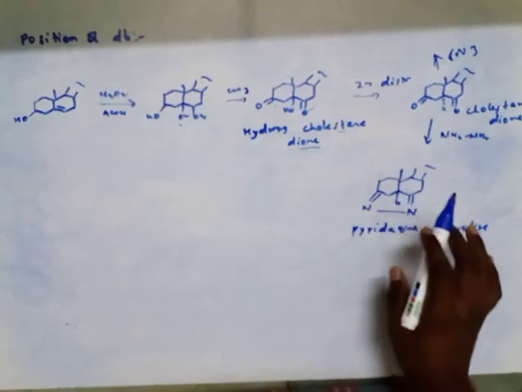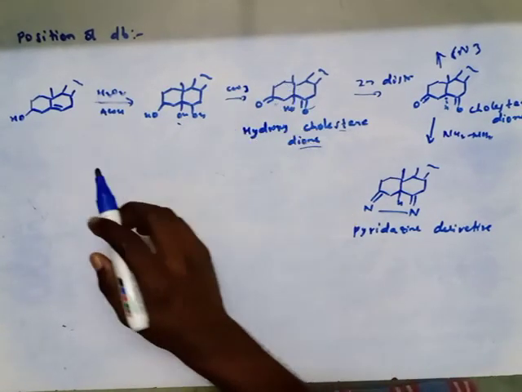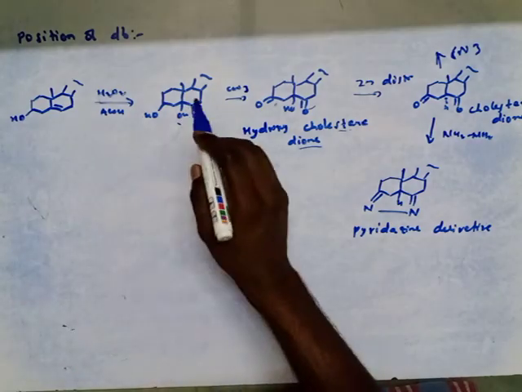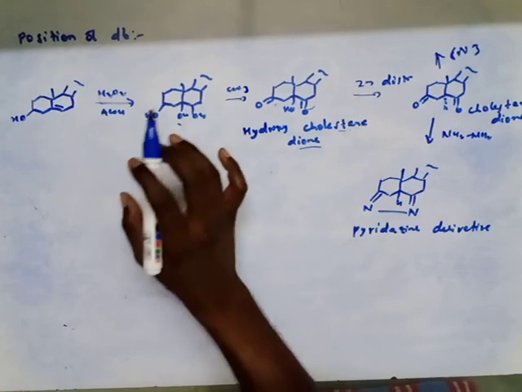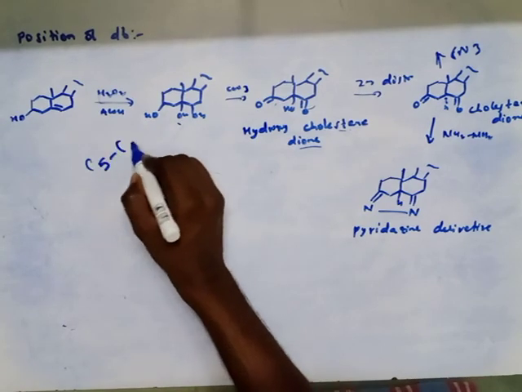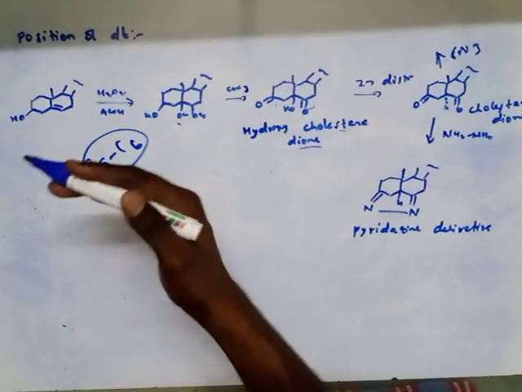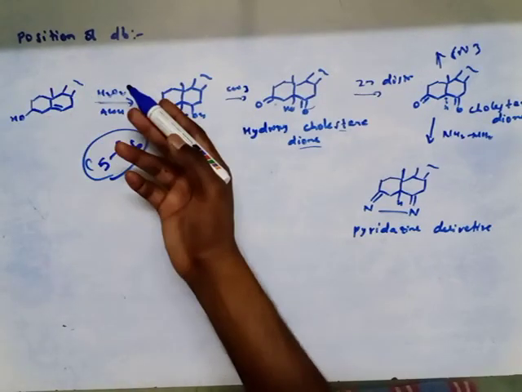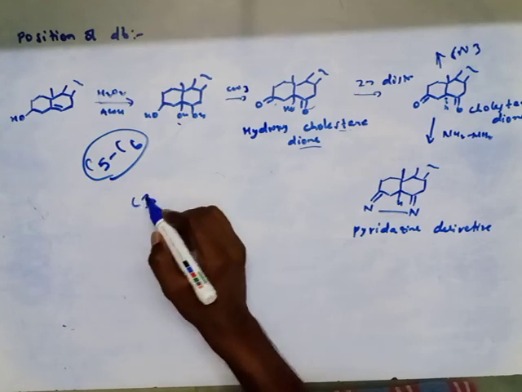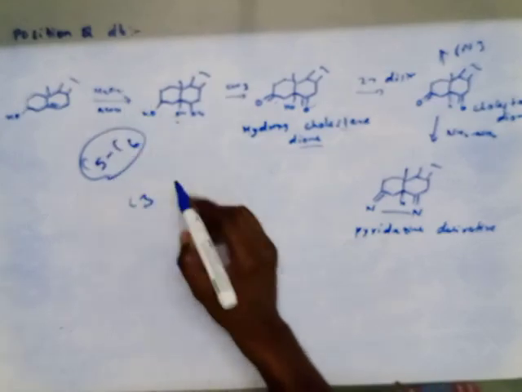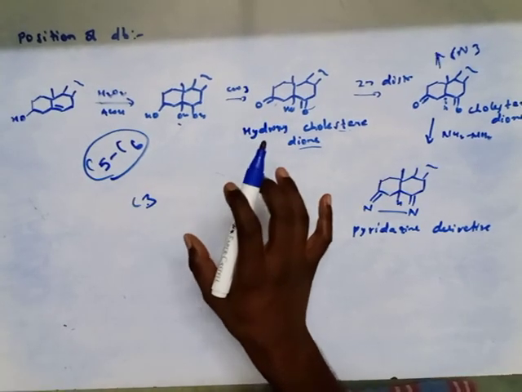This reaction, along with the previous reaction, indicates that cholesterol contains the OH group at the C3 position, and the double bond must be between C5 and C6. Okay, thank you.